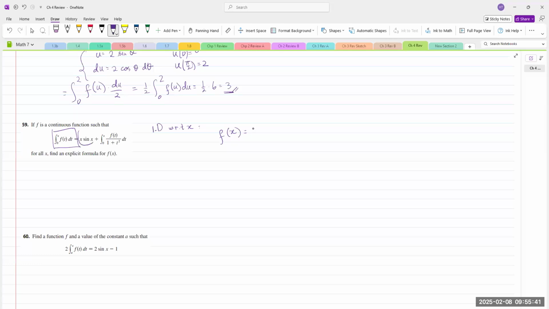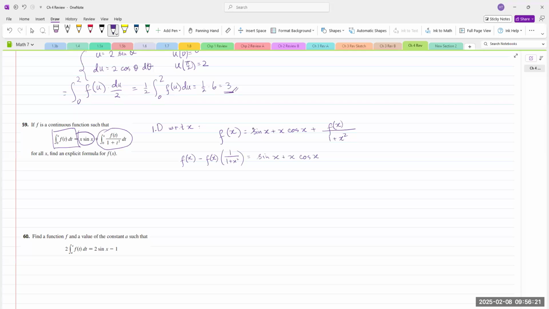When I do implicit differentiation here, I get sine x, by the product rule, plus x cosine x, plus implicit differentiation here, it will be f(x) over 1 plus x squared. Okay, so I move to the left, f(x) minus f(x) times 1 over 1 plus x squared equals sine x plus x cosine x.